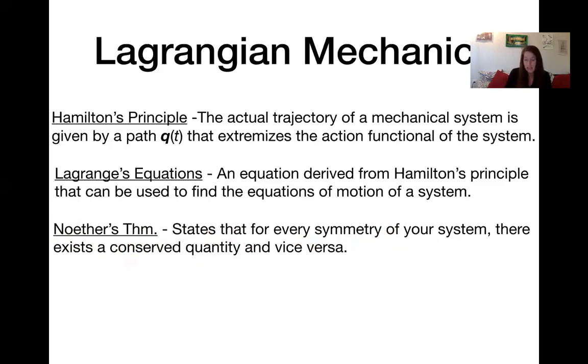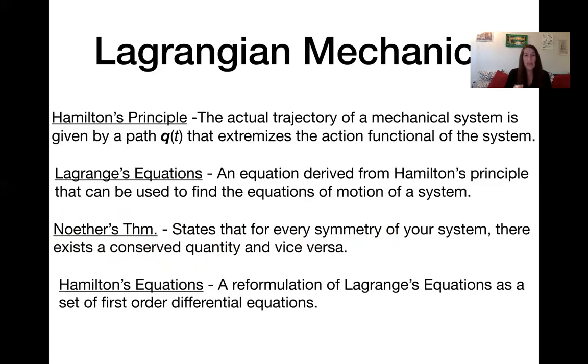And then finally, the last thing we'll do is we'll introduce Hamilton's equations, which are really just a reformulation of Lagrange's equations, but now as a set of first-order differential equations instead of second-order differential equations, but we're going to have more of them. And I'll say that generally in classical mechanics, Hamilton's equations aren't actually necessarily better than Lagrange's equations.